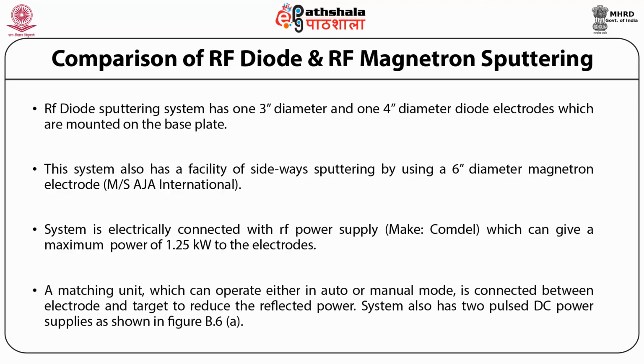A matching unit which can operate either in auto or manual mode is connected between electrode and target to reduce the reflected power. The system also has two pulsed DC power supplies as shown in figure A given on the next slide.